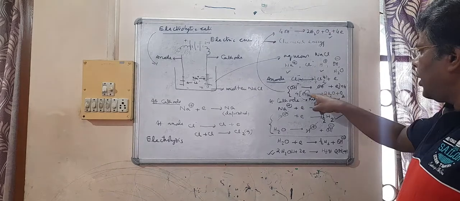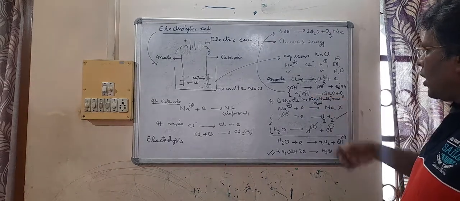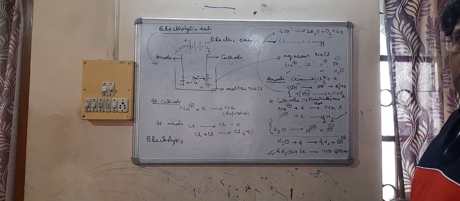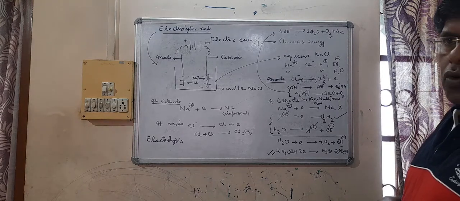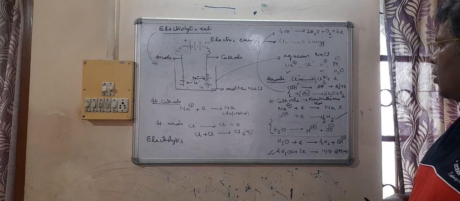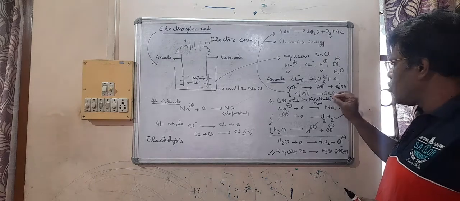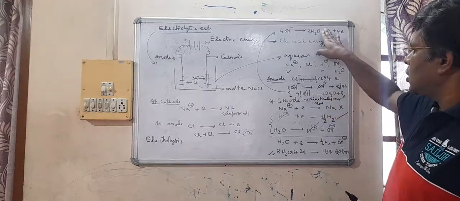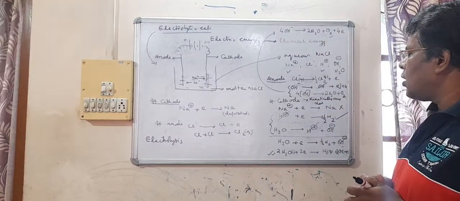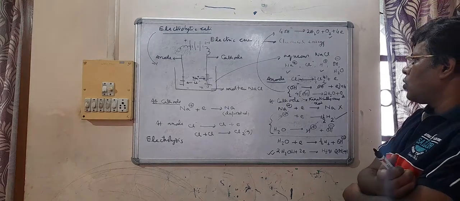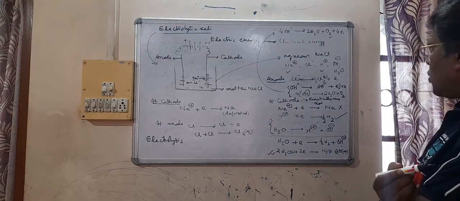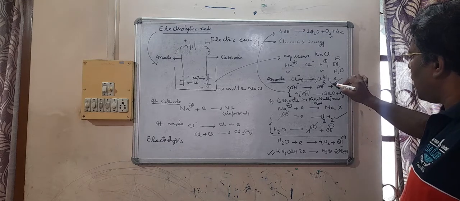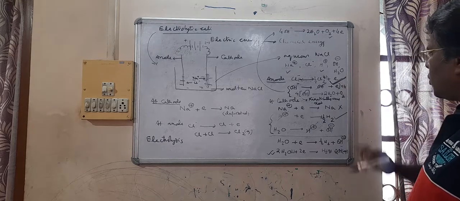It is because it is kinetically very slow, or we can say the reason is a phenomenon called overvoltage. Due to overvoltage, this process does not take place. So we will not get oxygen at the anode. So what will happen at the anode? It is this that will happen at the anode.